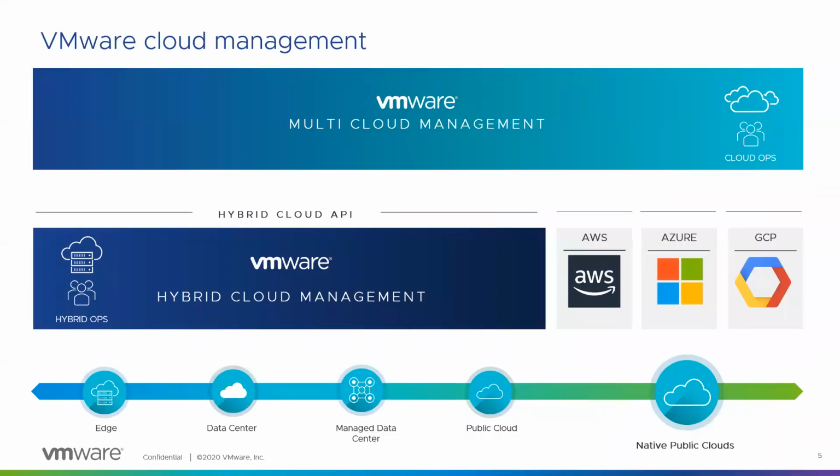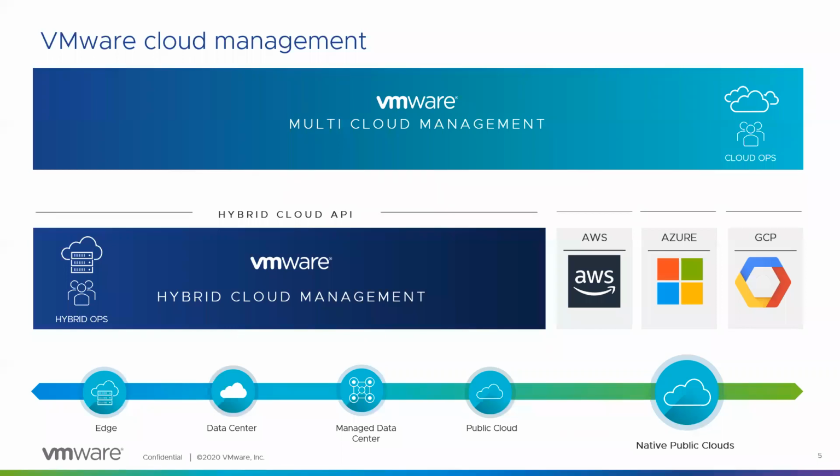How do we do it? For us, it actually doesn't matter what kind of cloud you're running, because we believe that you should have a choice of running your workloads on any of the clouds that you want. It can be a private data center, it can be a third-party managed data center, or it may be a hybrid cloud like VMC, which is VMware Cloud on AWS, or maybe edge devices, or in the end it might be your public clouds like AWS, Azure, and GCP, right?